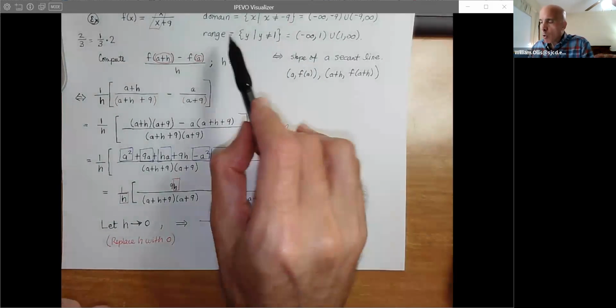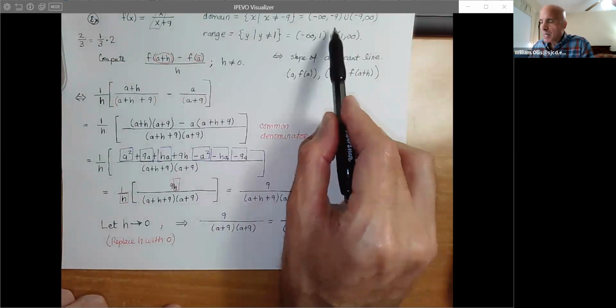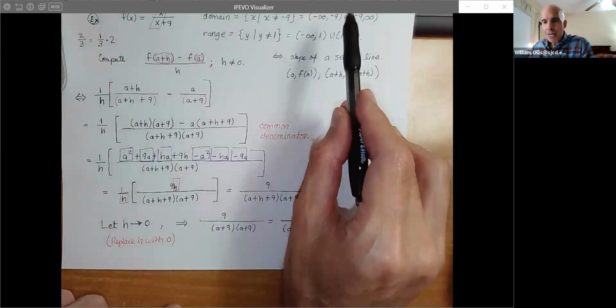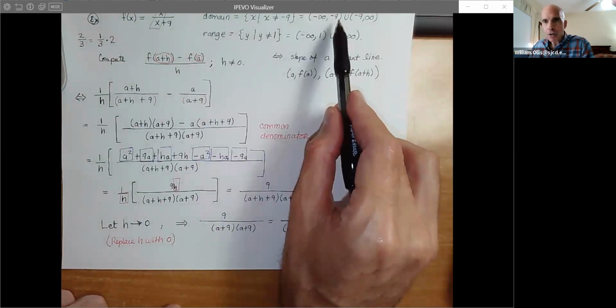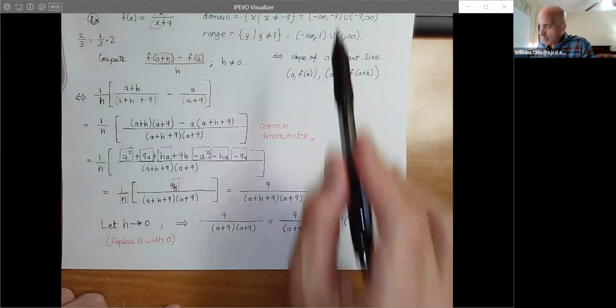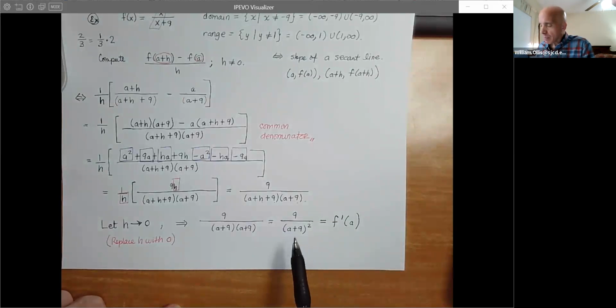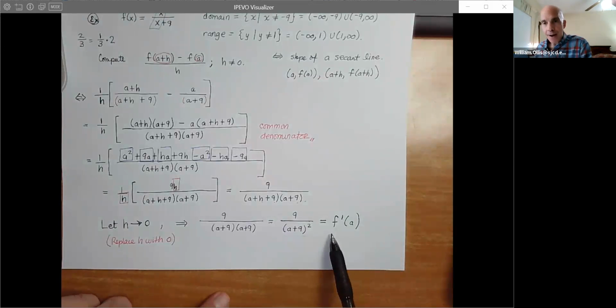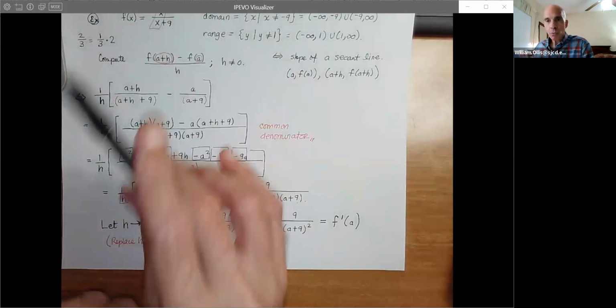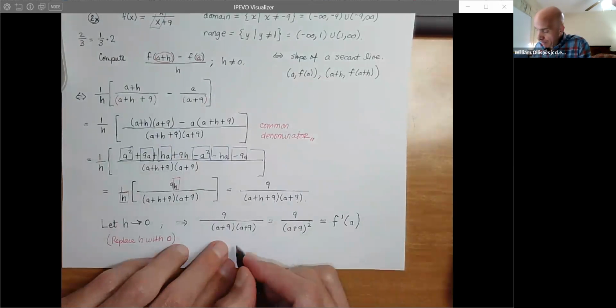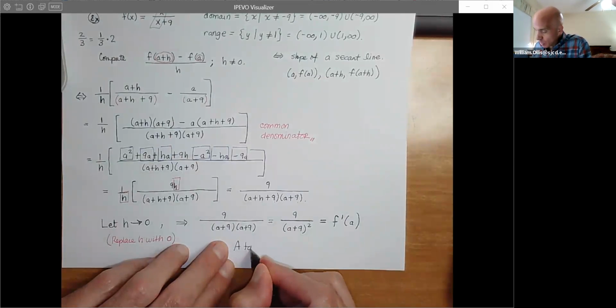So when we go back and look at the domain, we could never expect a tangent line at -9 because it's not even in the domain. And the same is true here. This basically says, based on what I've already taught you today, that we can always define a tangent line at any point in the domain of this function. We're done.